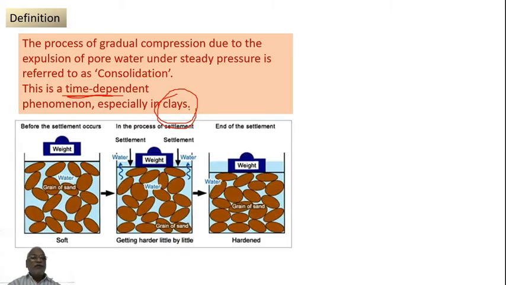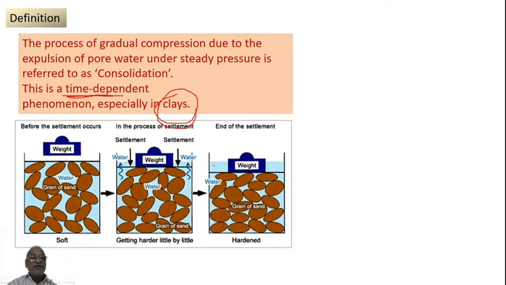Okay, now one more picture to depict the same thing. Here there is a saturated soil. You can see that there is no air voids, and then when the load is put, there will be some pressure, and because of that the water goes out, and then the soil particles will be getting arranged in a more compact manner.